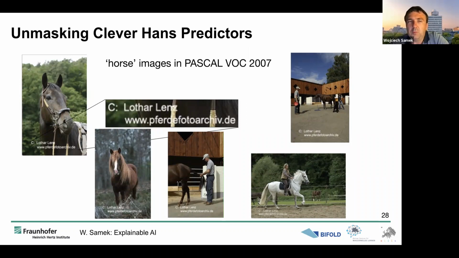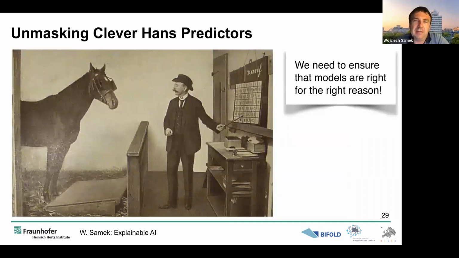And we referred to this phenomenon as a Clever Hans predictor. If you are not familiar with it, I recommend to Google or check Wikipedia to see what Clever Hans is. Clever Hans was a German horse which was supposed to do math.